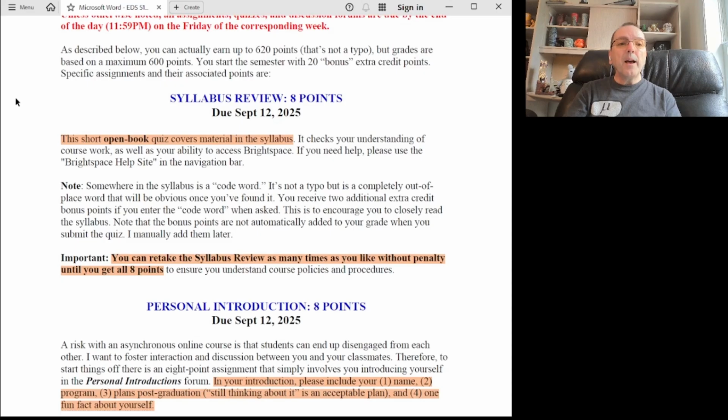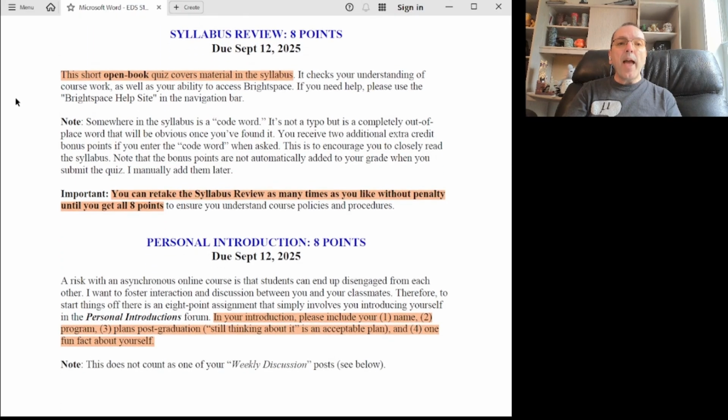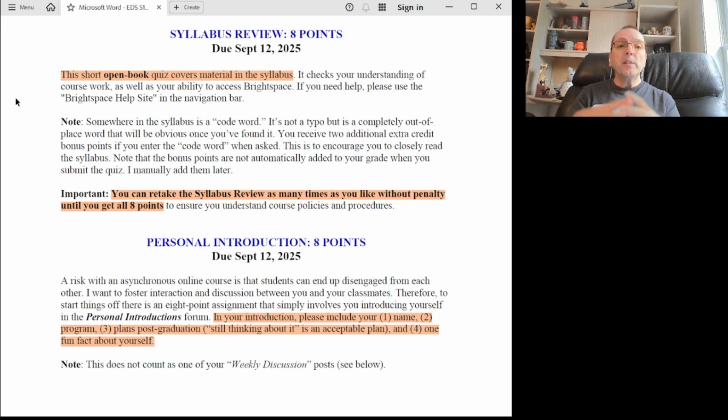Okay. The activities: what is your grade going to be based on? We have two very simple things that are due at the end of the second week of class. The first is a syllabus review. This is a quiz in Brightspace that asks you some questions about the syllabus.